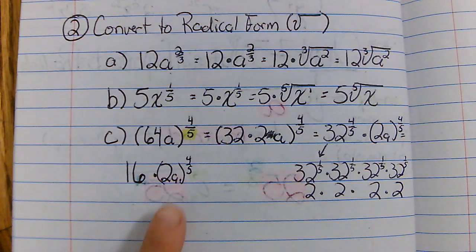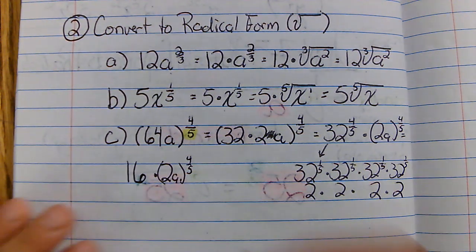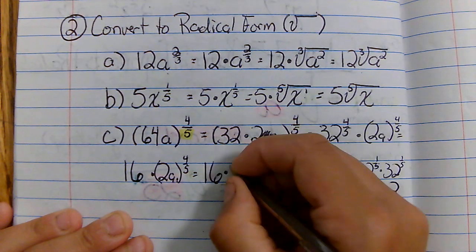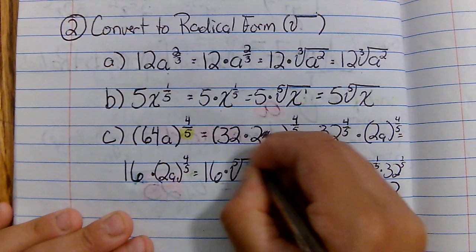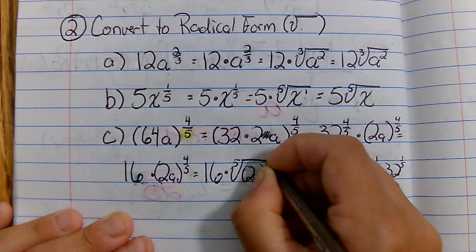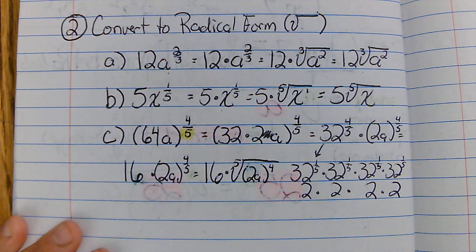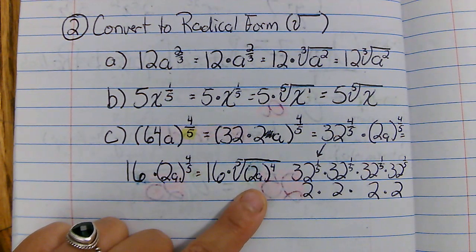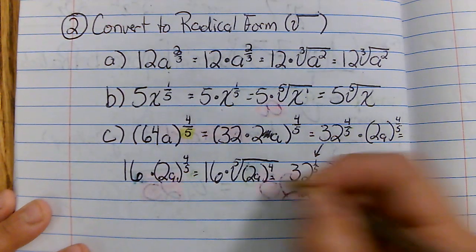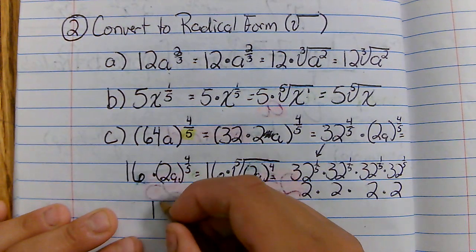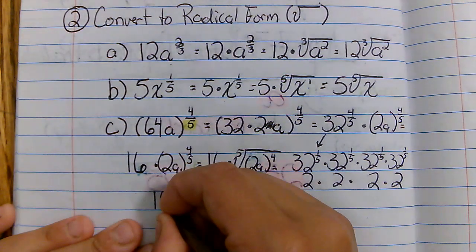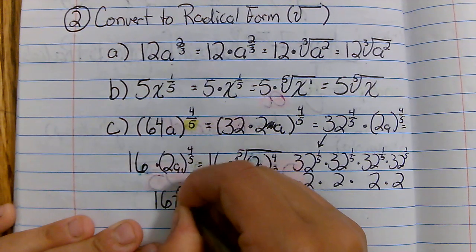Okay? And now I'm going to write it as a radical. So 16 times the 5th root of 2a to the 4th. And if I wanted to, I could even clean that up just a little bit more. Equals, I'm just going to write it down here. So 16, I don't have to put that multiplication symbol because it's understood that it's being multiplied. 5th root.